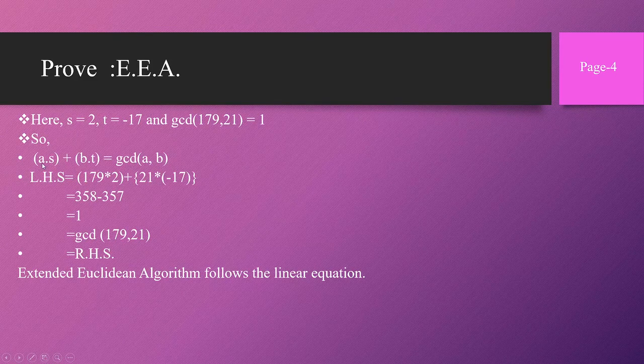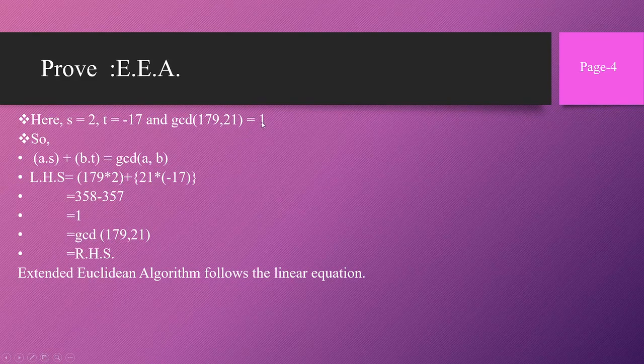Now we can prove the extended Euclidean algorithm by a linear equation. A into S plus B into T, here the value of S is 2 and the value of T is minus 17, and the value of GCD of A and B is equal to 1. So the left hand side is equal to 179 into 2 plus 21 into minus 17, we get 358 minus 357, which is equal to 1.